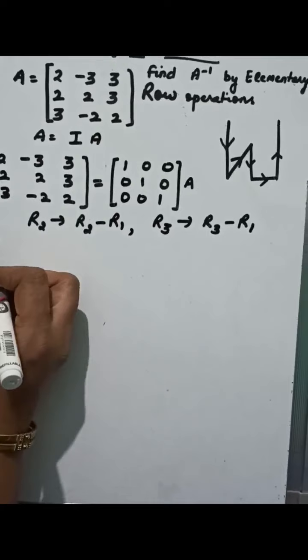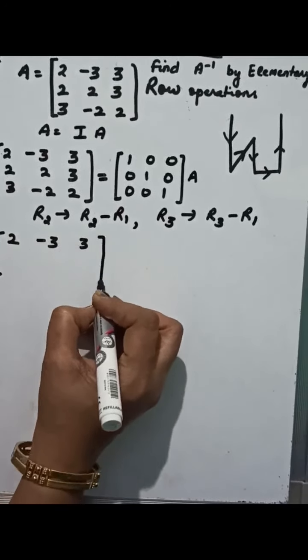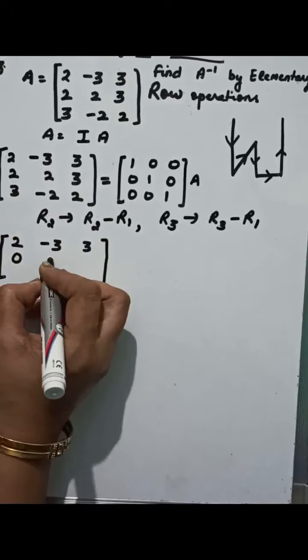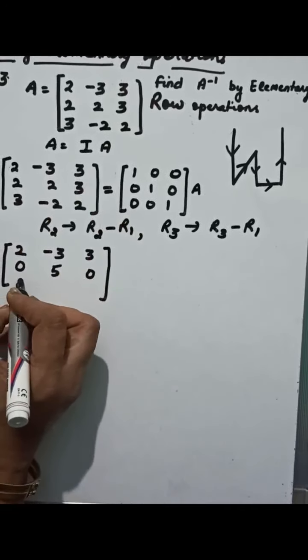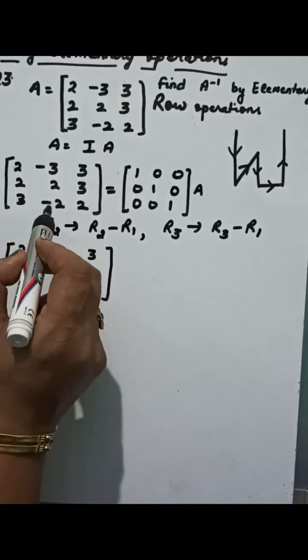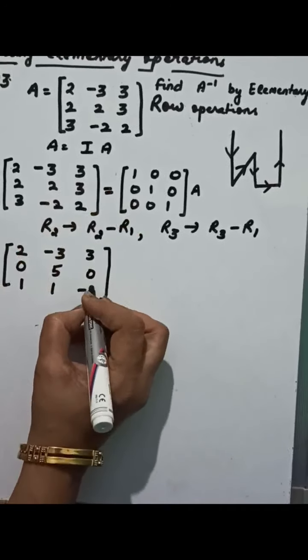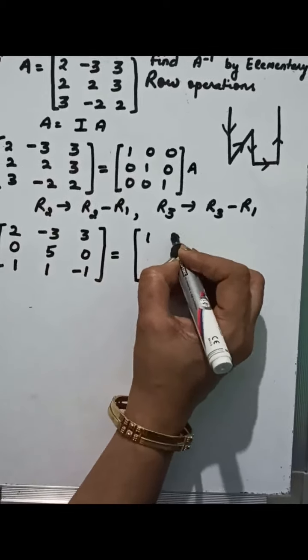When we apply this operation, our first row is as it is. 2 minus 2, 0, 2 plus 3, 5, 3 minus 3, 0, same here, 1, 3 minus 2, then minus 2 plus 3, 1, 2 minus 3, minus 1. Same operation we will apply on the other side.